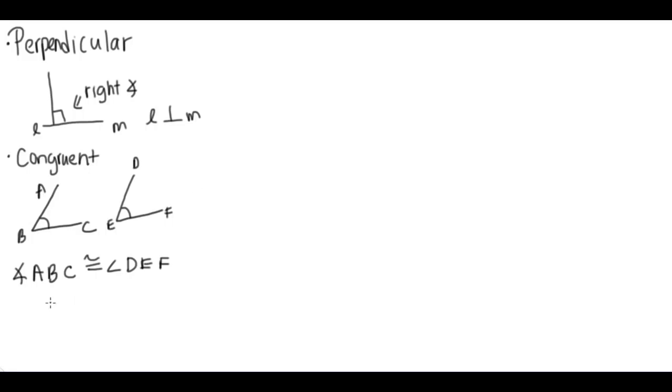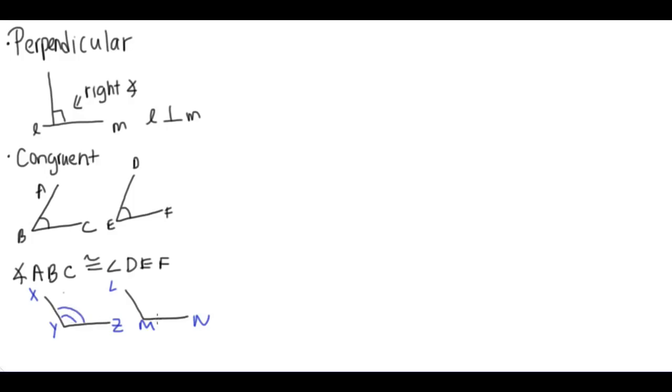Now if I have another angle here, let's call this X, Y, Z, and L, M, N, and I say that they're congruent, that means that these angles are the same.